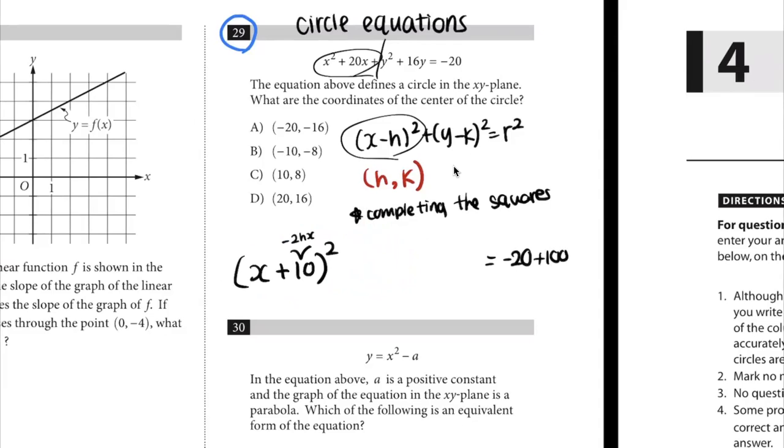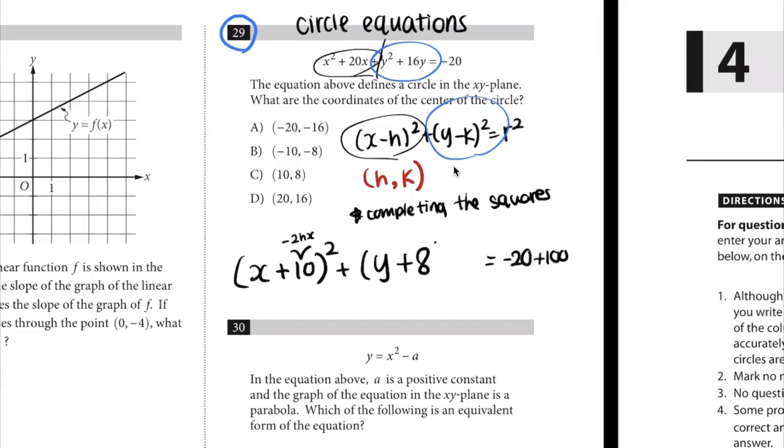Okay. Next, we're moving on to the y squared plus 16y, which is this part, and which is (y minus k) squared. So we're going to do the same thing, completing the square, by thinking about the 2ky. So 2ky needs to be 16y. 2k equals 16, so k equals 8.